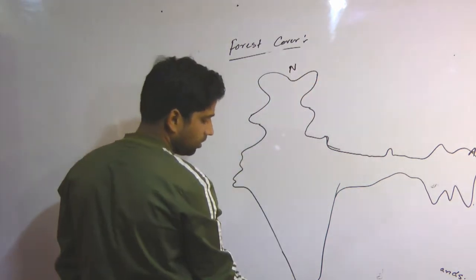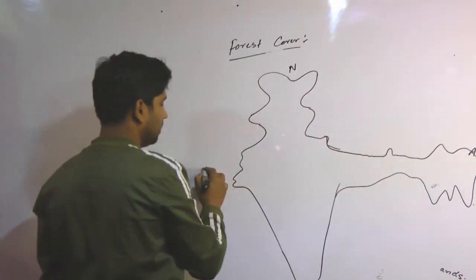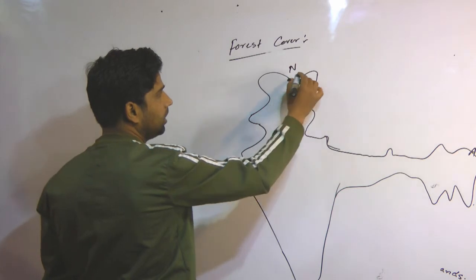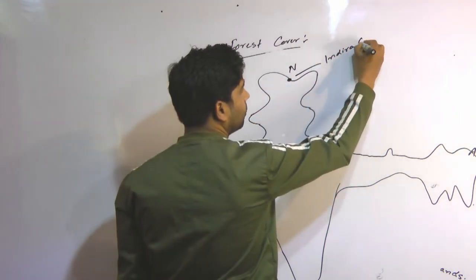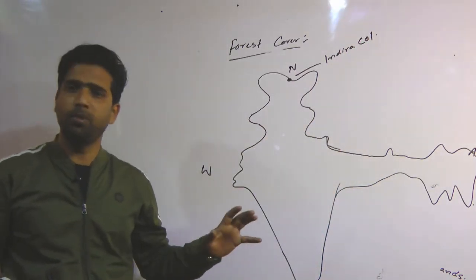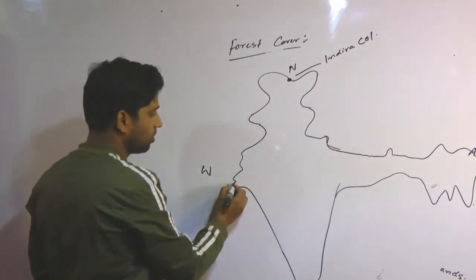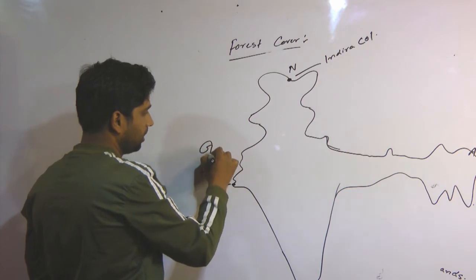This is north, south, east, west. The northmost point of India is Indrakul. Indrakul is the northmost point of India, and the westmost point in the Kutch district is Gormati.